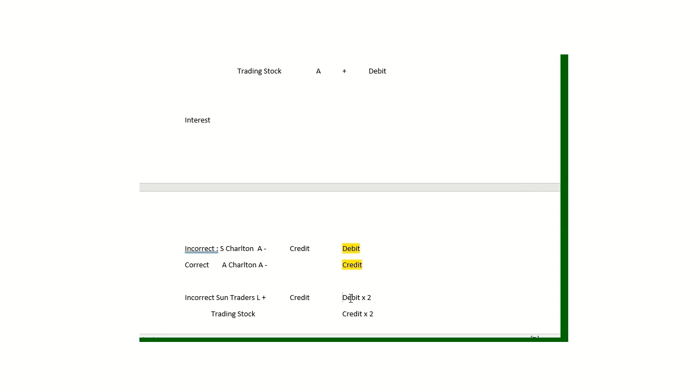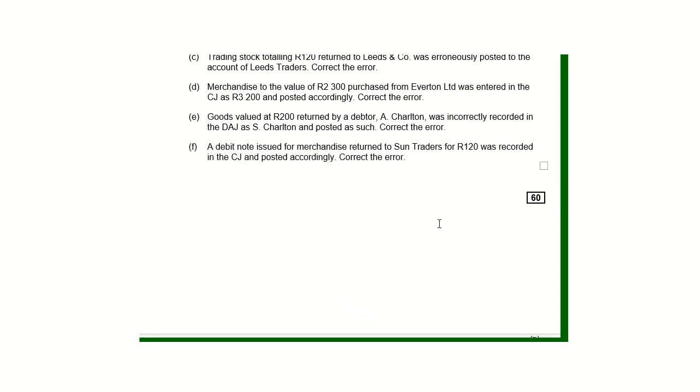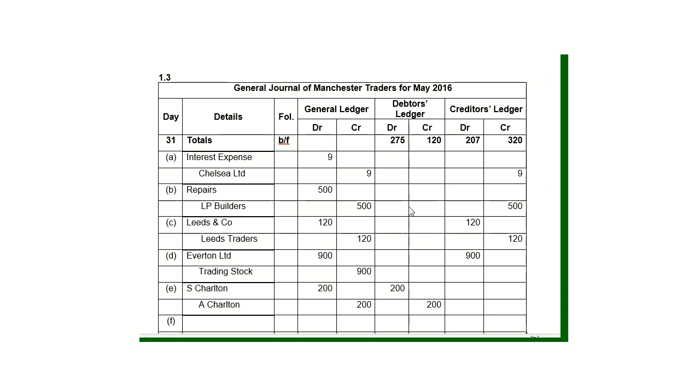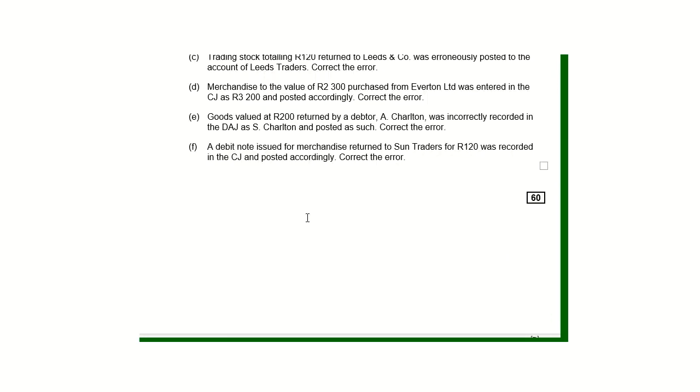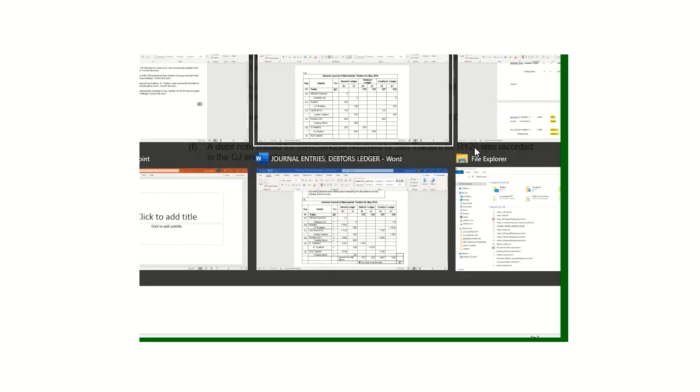We need to debit Sun Traders, the creditor, and the opposite entry would go to trading stock, for the credit of 2 times whatever the debit was. So we're going to debit Sun Traders with 2 times the amount, not just the 120, 2 times 120, that gives me 240.